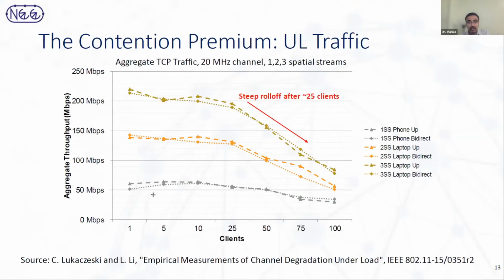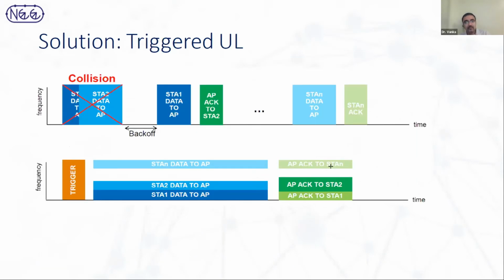This leads to a series of events which leads to a very rapid roll off in the sum throughput you see at an AP. This shows that you cannot have a CSMA type protocol, which Wi-Fi uses, support a really massive uplink, right?